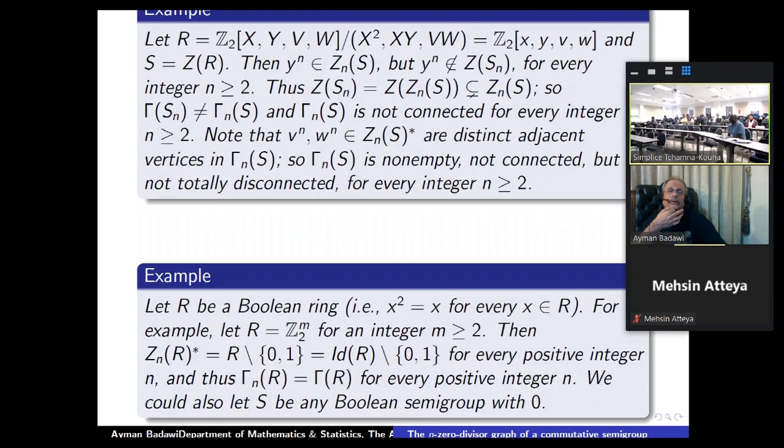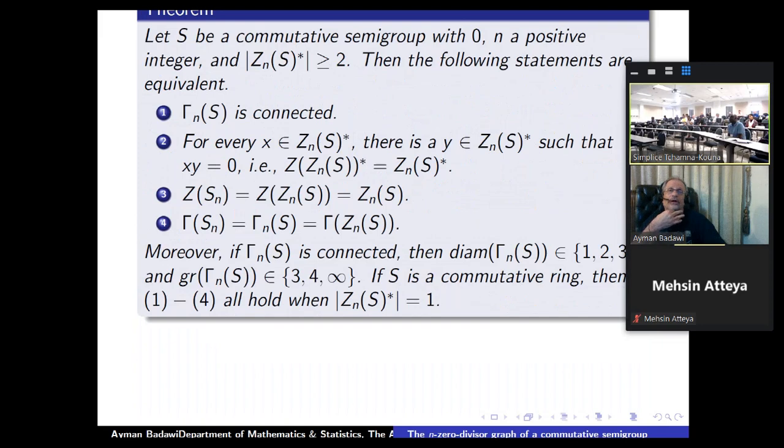Yeah, here I am. I don't want to go through all the examples here, just the theorem.